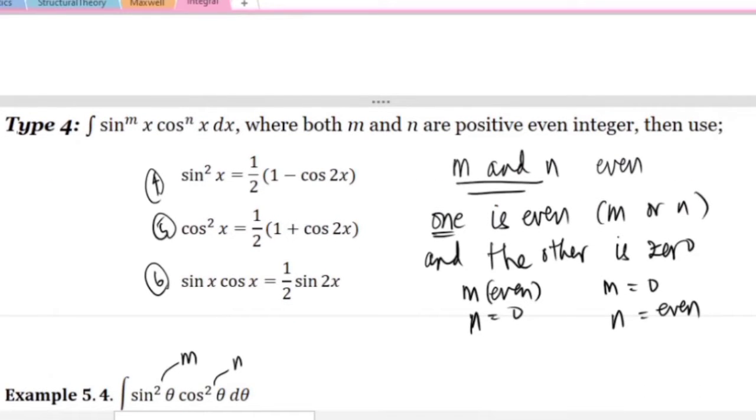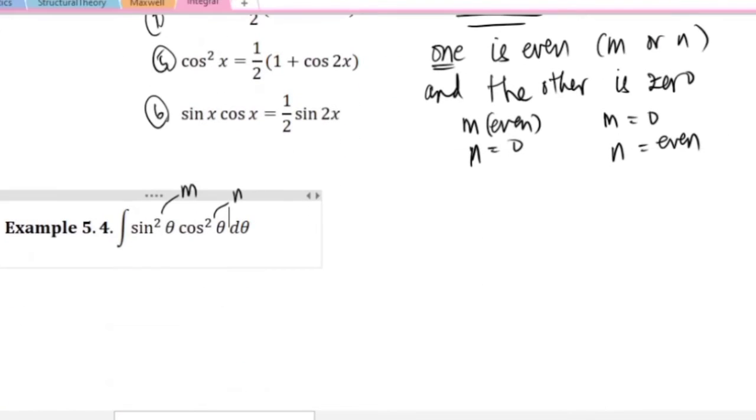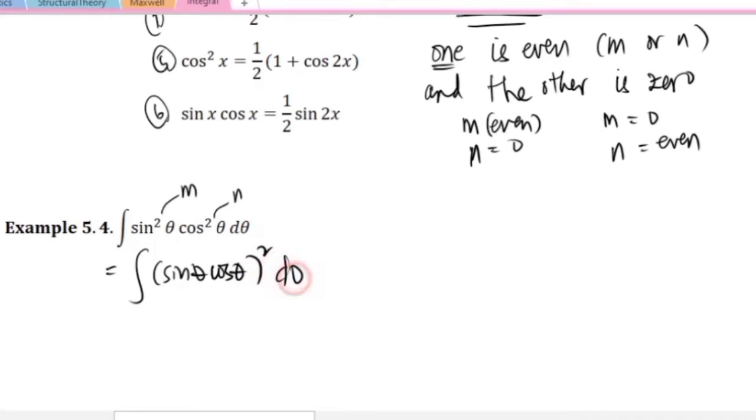So either the reduction formula na sine squared x is equal to 1 minus cosine 2x over 2, or the cosine squared x is equal to 1 plus cosine 2x over 2, or sine x times cosine x is equal to 1/2 sine 2x. So if we are going to rewrite this, we have here sine theta, cosine theta, square d theta.